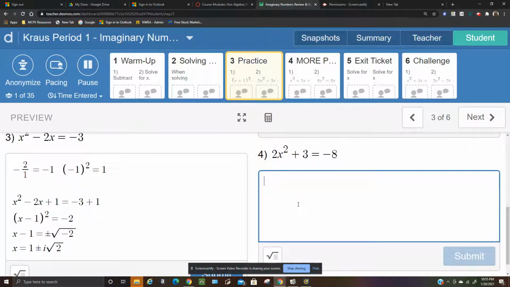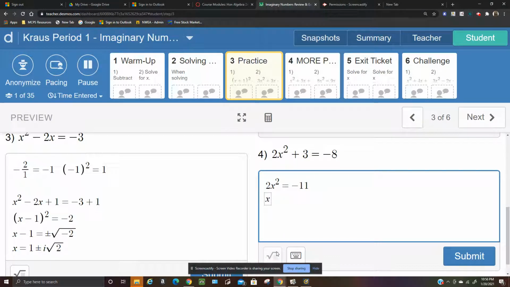And then this last one was also on the last activity. So here I'm going to use the square root because there's no x term.